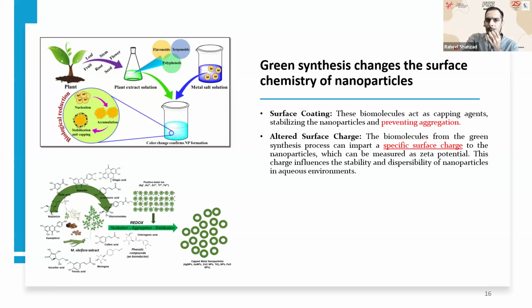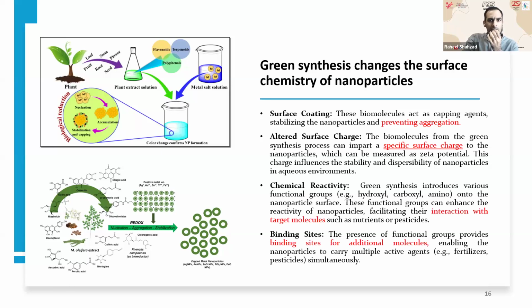There are many other factors that change with utilizing green synthesis. The nanoparticle chemical reactivity and their binding sites also change.